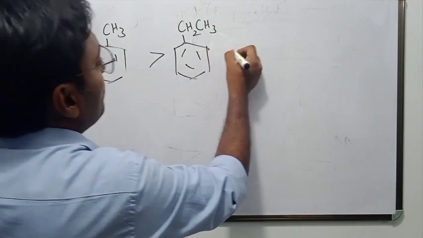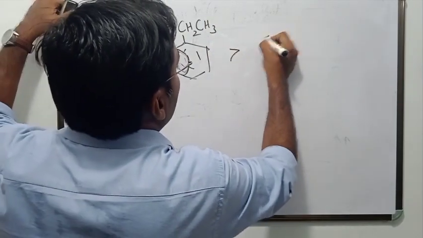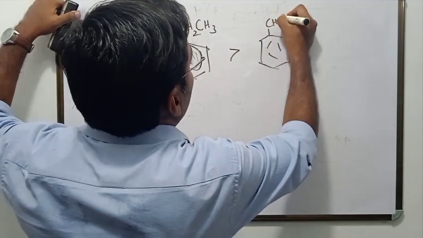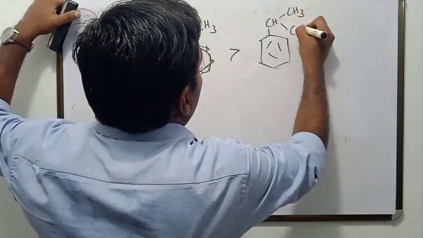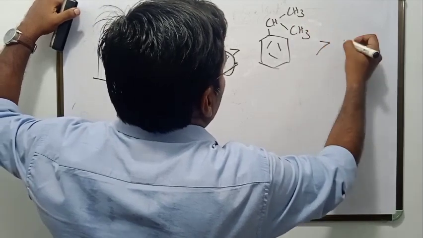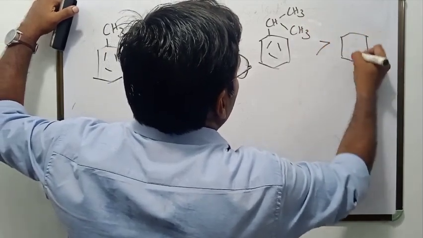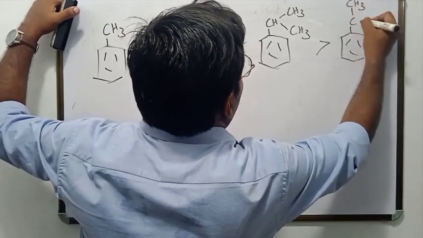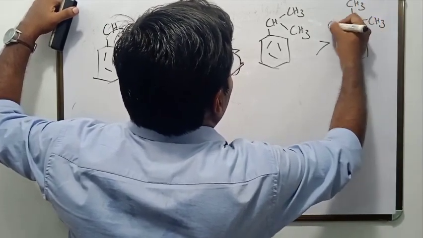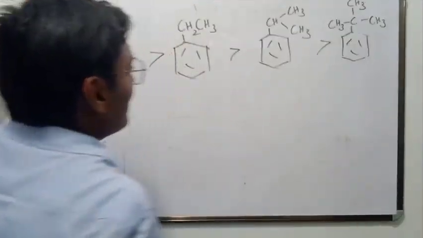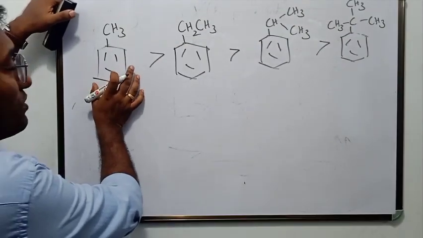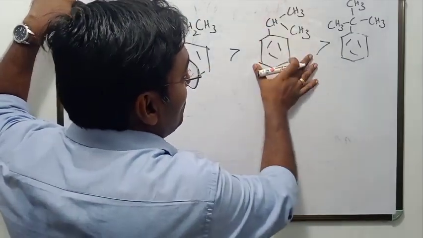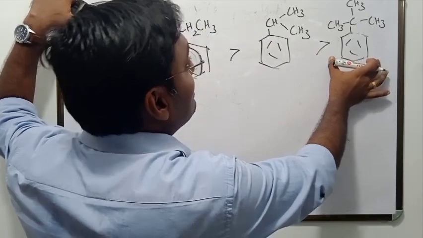And that would be more reactive than this isopropyl benzene, right? And that would be more reactive than, what is this, tertiary butyl benzene, correct? So toluene would be more reactive than ethyl benzene, which would be more reactive than isopropyl benzene, which would be more reactive than tertiary butyl benzene.